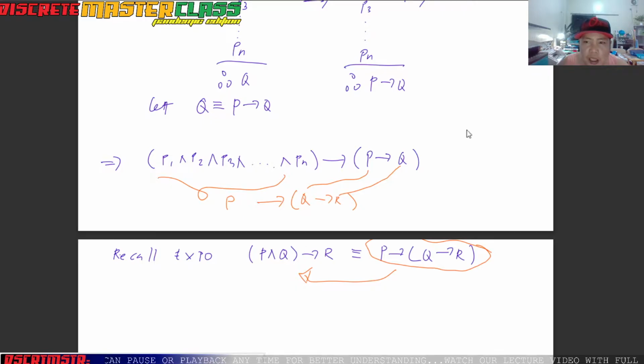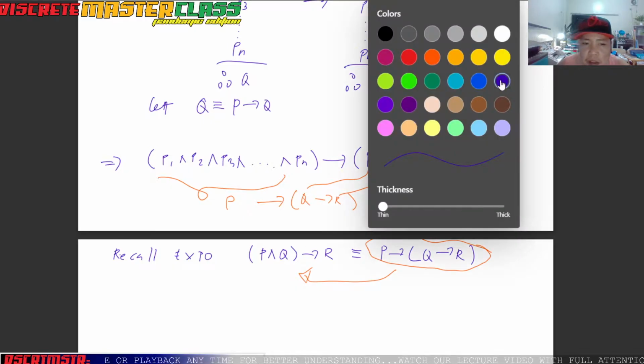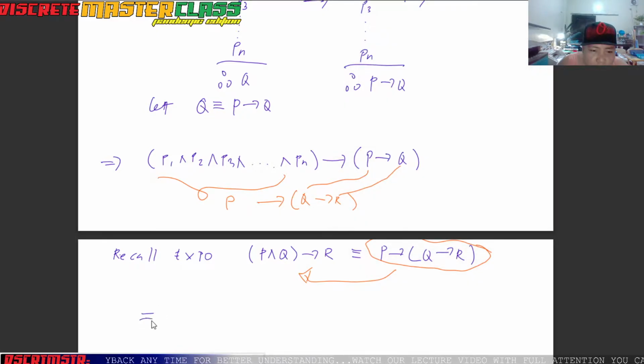Okay? So, paano ang magiging result nun? So, by exportation, we have P1 and P2 and P3 and Pn. Tapos, ano mangyayari?